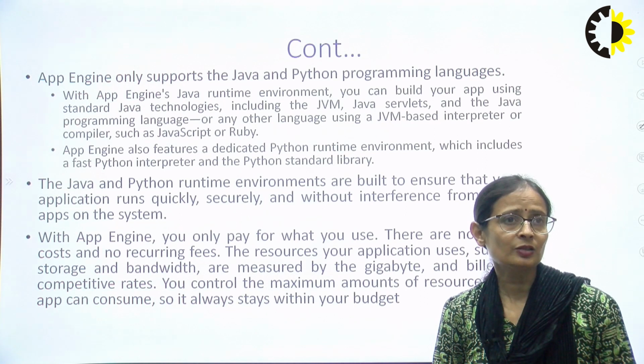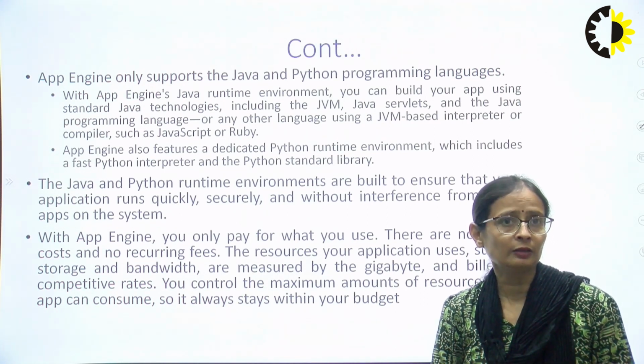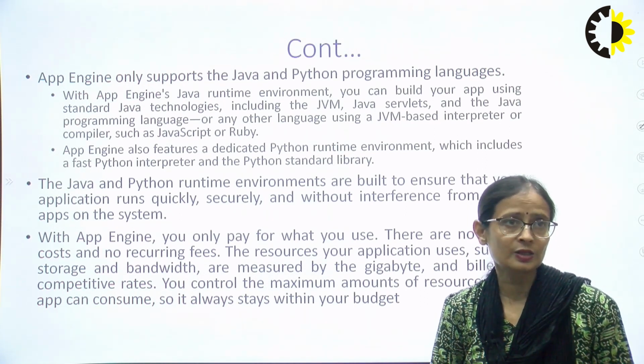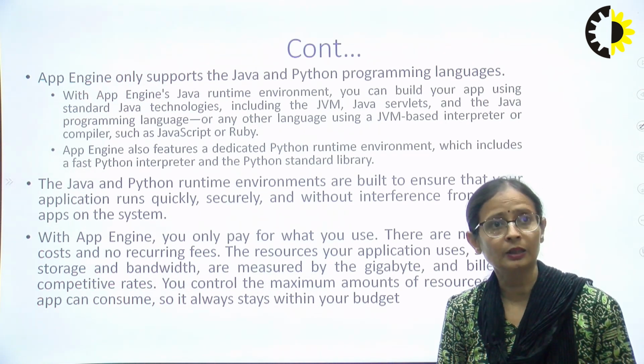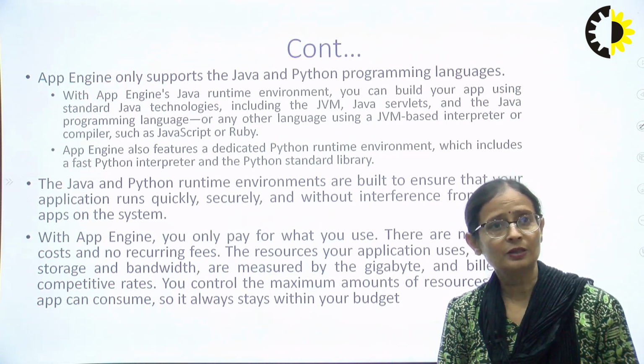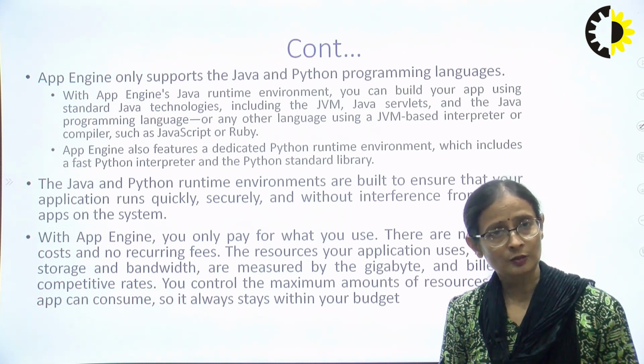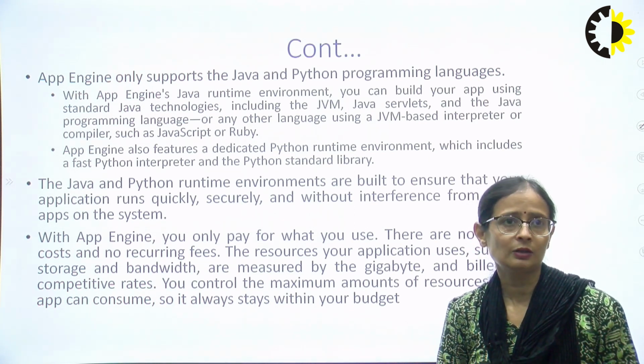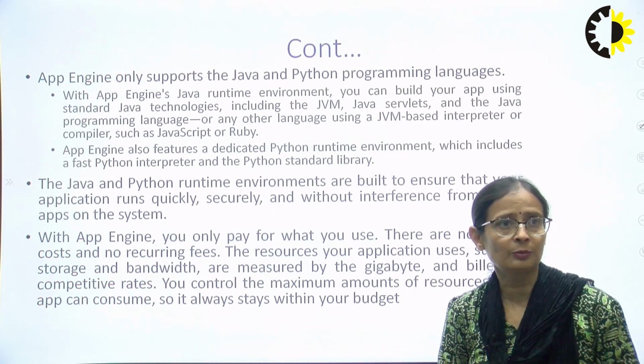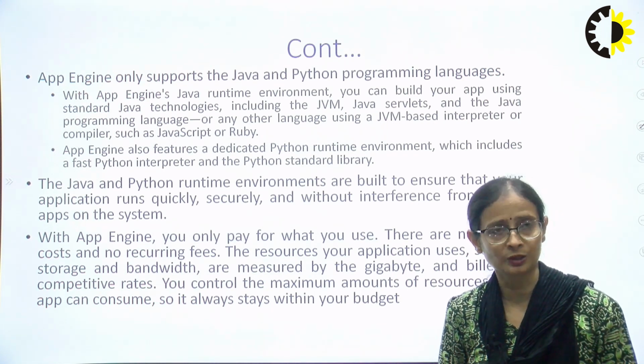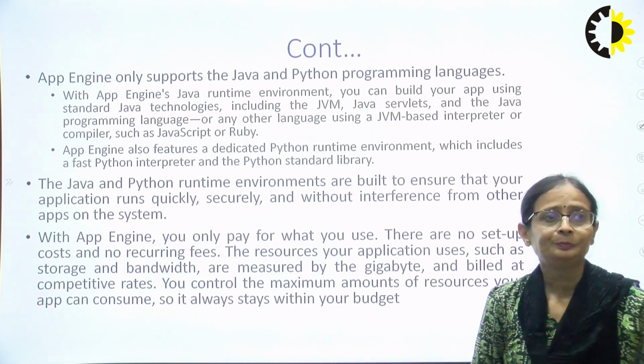With App Engine's Java runtime, you can build your app using standard Java technologies including the JVM, Java servlets and the Java programming language, or any other language which uses a JVM-based interpreter or compiler, such as JavaScript or Ruby. They can also run on it.